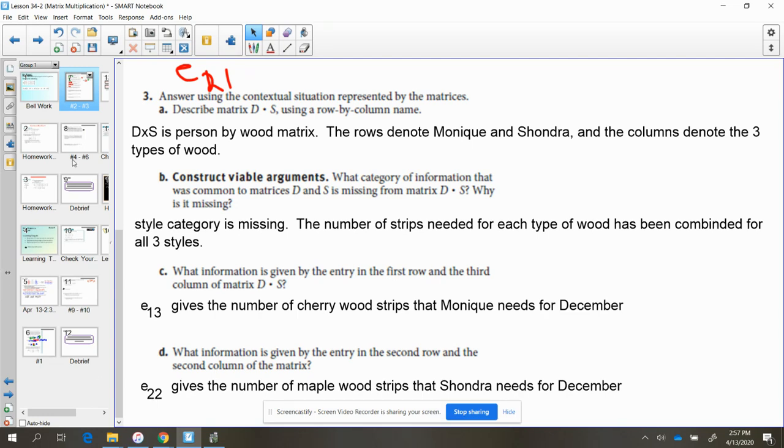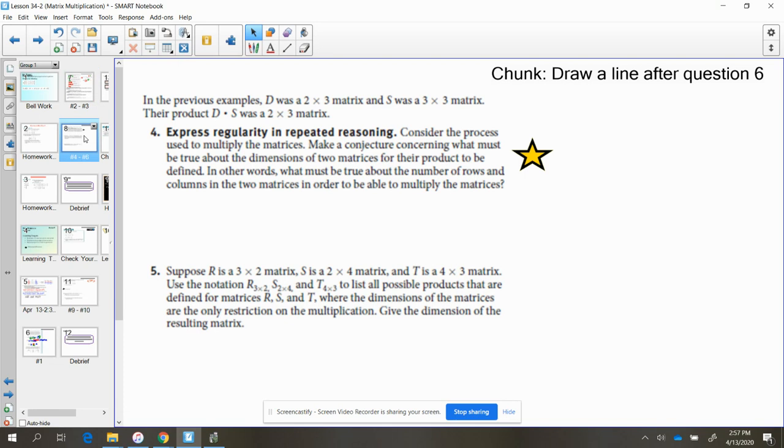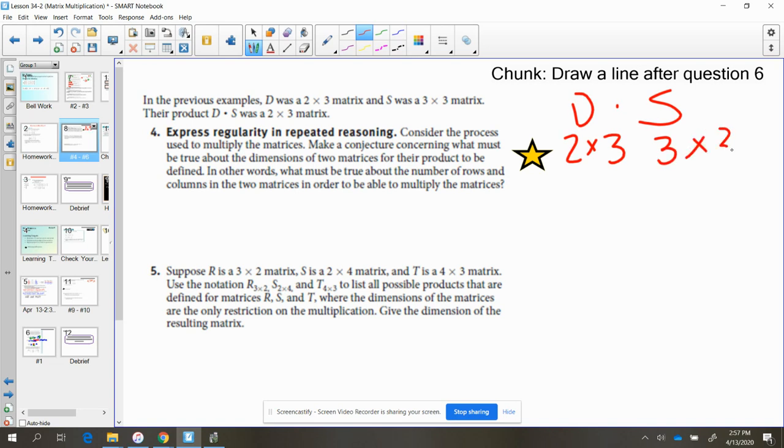Now, as we move on, another pattern you are probably starting to see is that in order for this matrix multiplication to happen, we need to have something in common. So we had matrix D times matrix S. This was a 2 by 3 matrix. This was a 3 by 3 matrix. Notice that the style dimension we talked about in common matched. And our overall product was a 2 by 3 matrix.